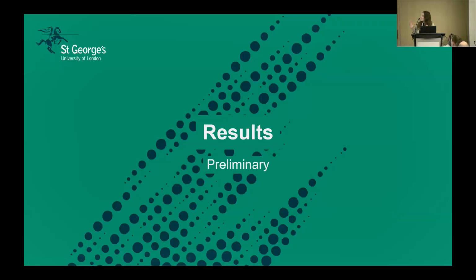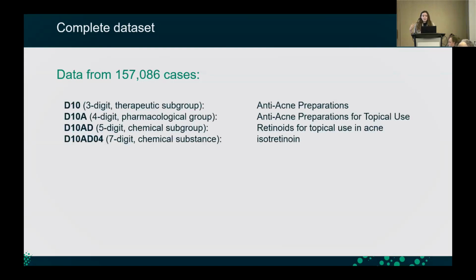So going on to what we found, I'd like to make clear that these results are still preliminary. So we had data on just under 160,000 cases, and we looked at signals detected for each level of the WHO ATC. So for those who haven't come across it before, here's an example using the known teratogen isotretinoin.